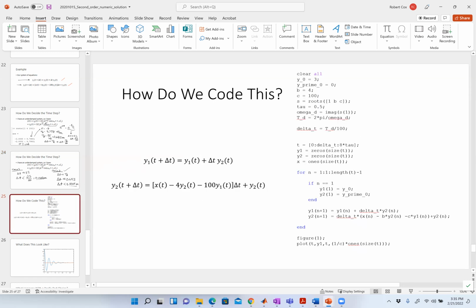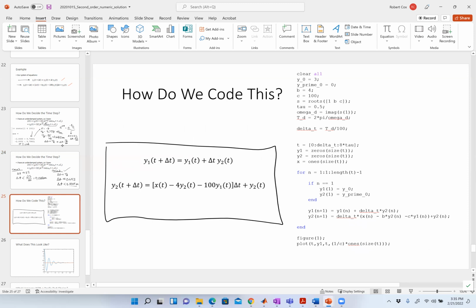Okay. Now, here's how I coded that. So I go in here and I got my 2 expressions. I put those 2 expressions in here like this. All right. So it's pretty straightforward. There's where they are in the loop. And notice my for loop has an if statement in it. What's the if statement that I put in there? The initial condition, right?